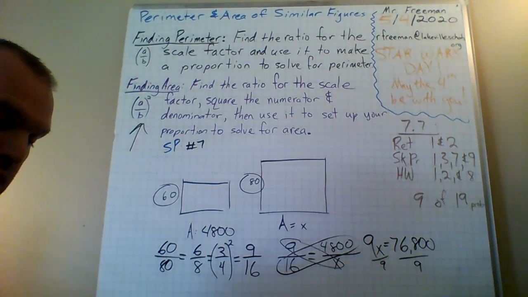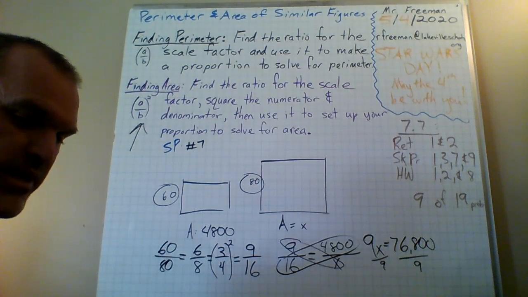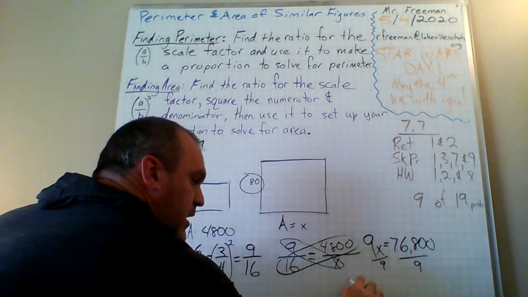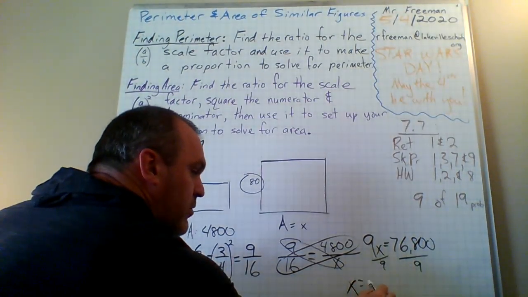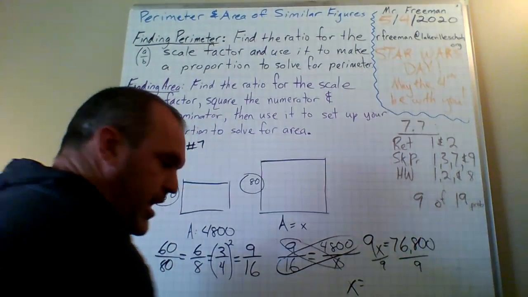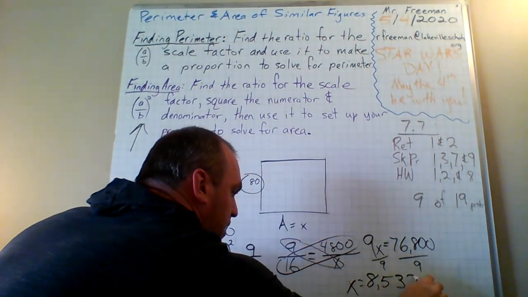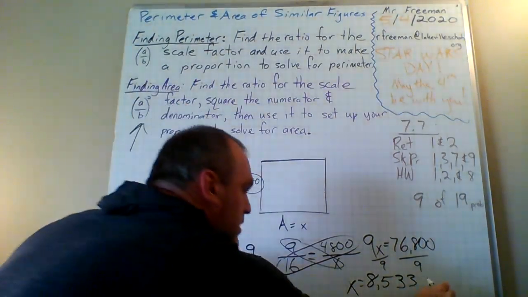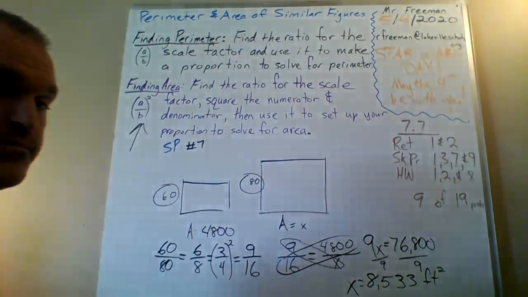Well, that divided by 9 gives you a decimal that we can round off. We can round it to the nearest whole number, we'll say. And so that x equals, when you do that, you should get 8,533, and that is in feet. But since it's area, it's feet squared.